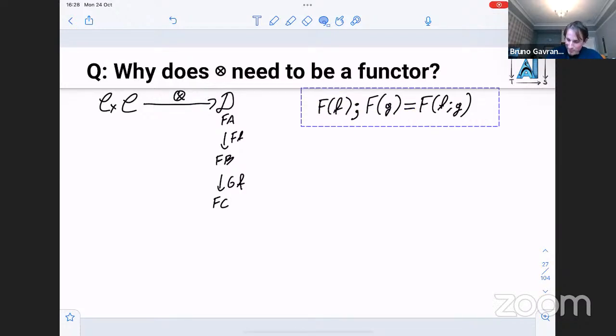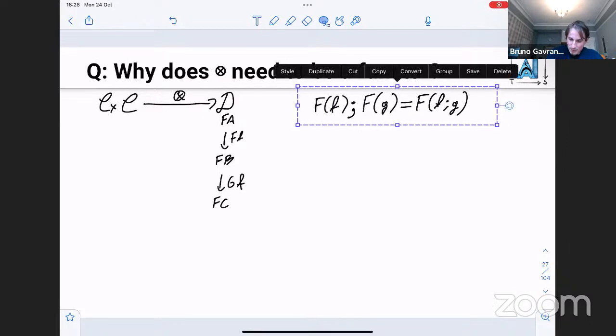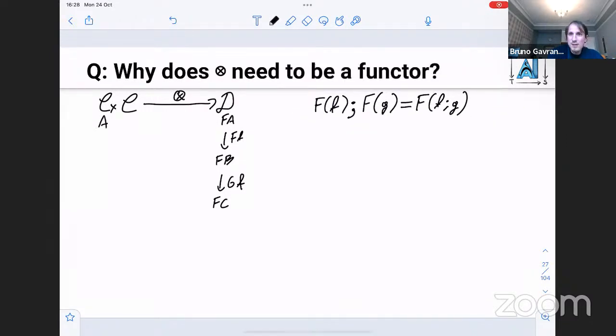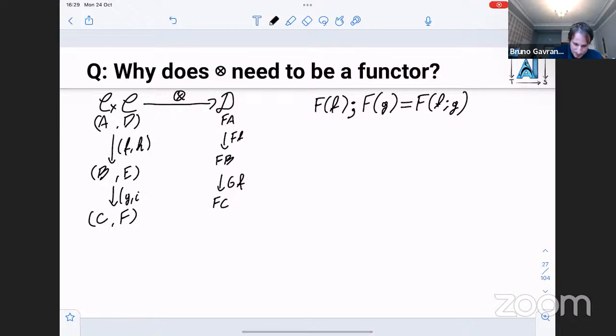So if you remember, for a standard functor, this needs to hold, but for us, we have A, B, C, D, E, F. So our objects are going to be pairs, and a morphism here is going to be a pair of morphisms. Let's call these F and H. Let's call these G and I.